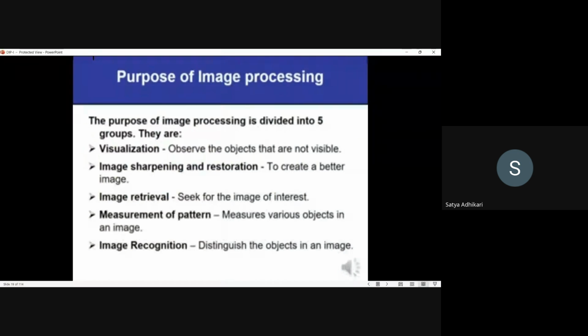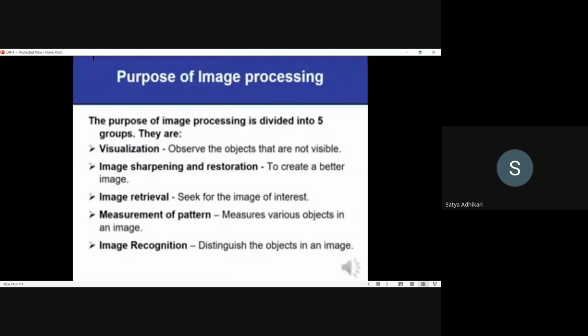So here are the details of the purpose of image processing. The purposes are to observe objects that are not visible. As we discussed, if some picture is not clear, some pixel values are missing, or some pixel values are spurious, then image processing improves the object visualization. Image sharpening or restoration creates a better image.